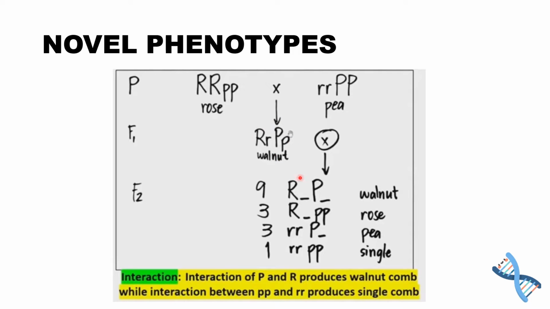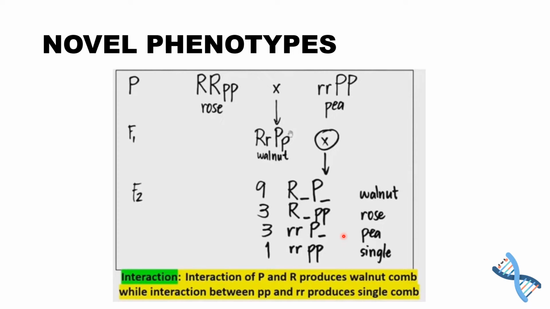Now, pag krinos mo itong walnut type with each other, ito yung kalalabasan na 9:3:3:1. So, there will be 9 walnut type na makikita mo, then tatlong rose type, tatlong P-type, and then isang single type.